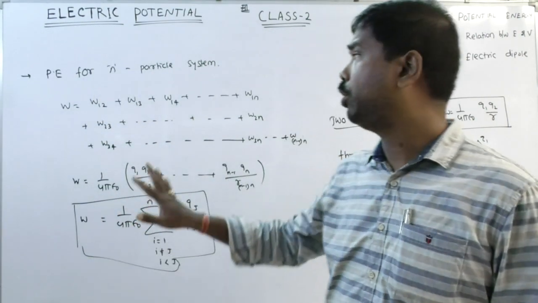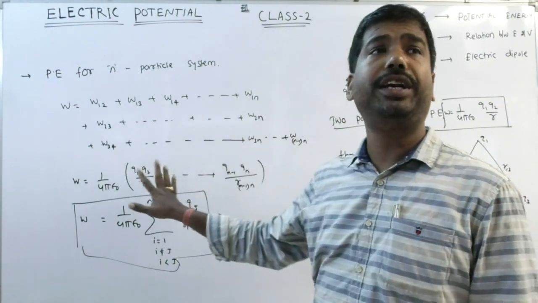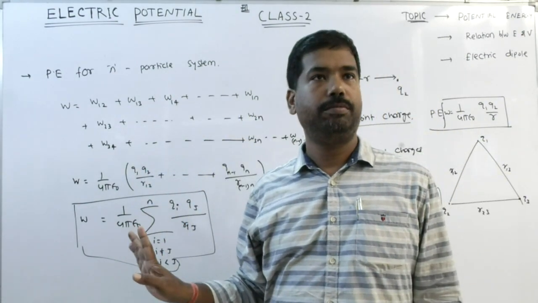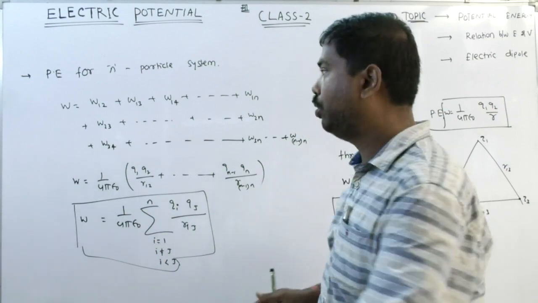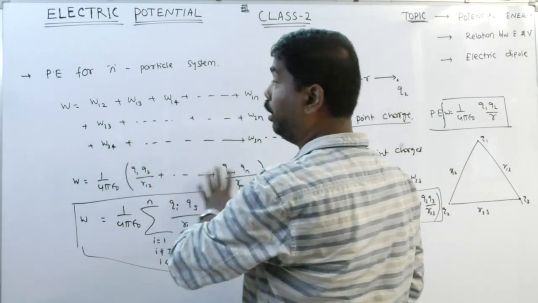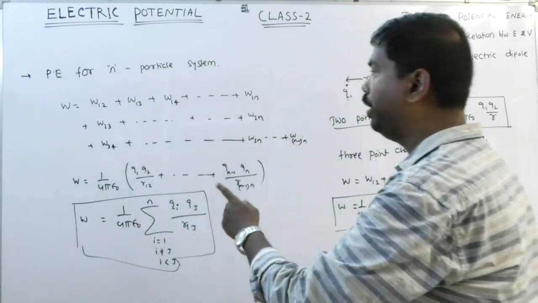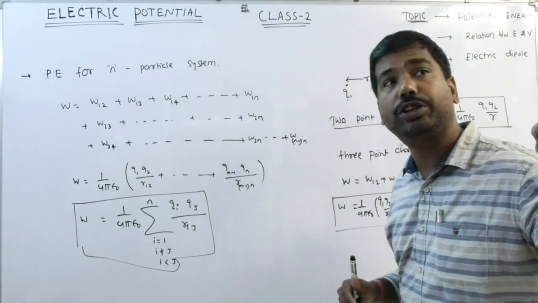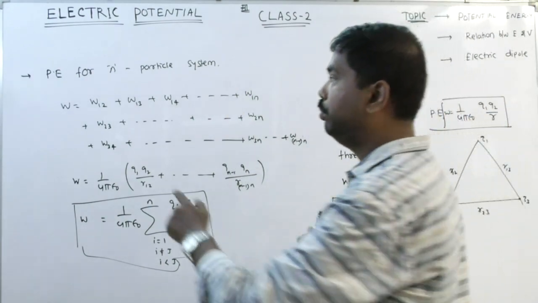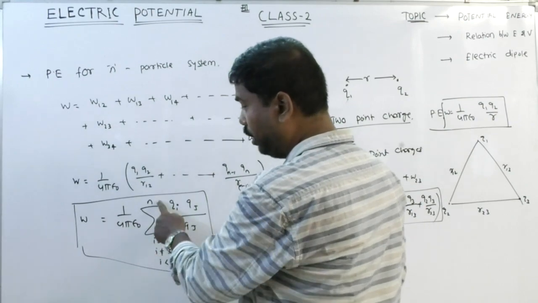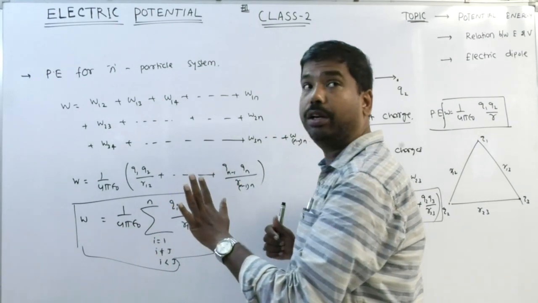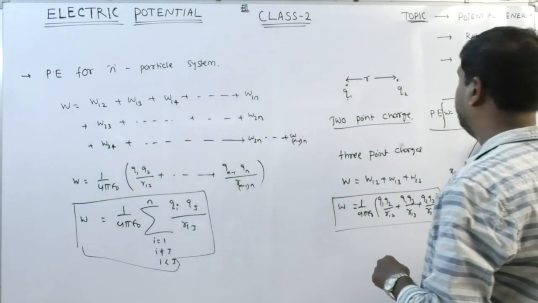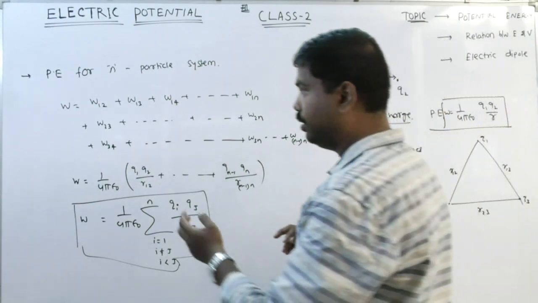Clear? I would like to say that potential energy is a scalar quantity, so it is added algebraically. So here is the net potential energy for n number of particles in total. Let n be equal to 2: i is 1, and we get Q1 Q2 by R. Clear? Next.